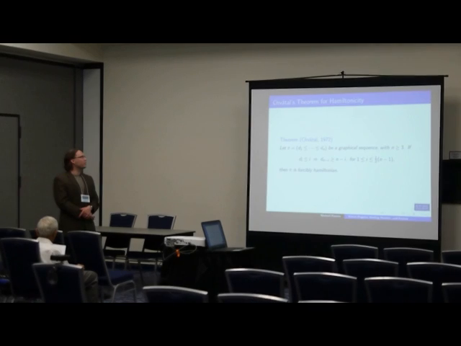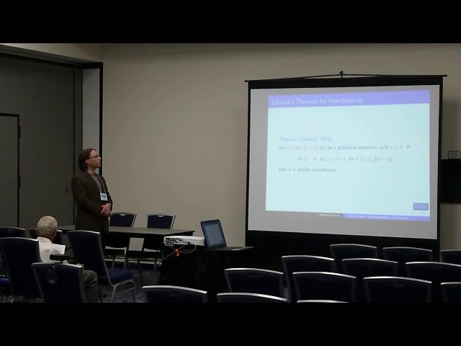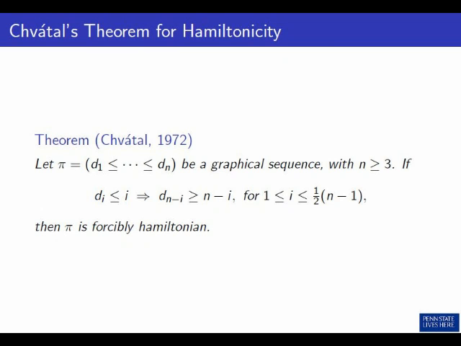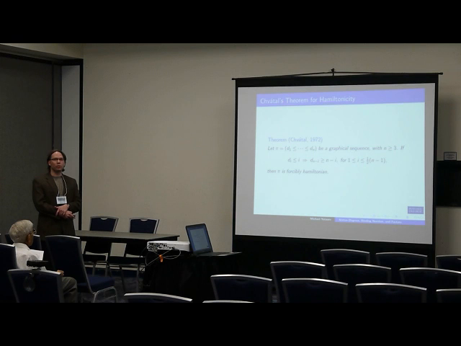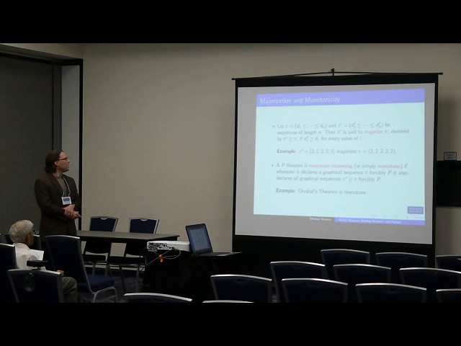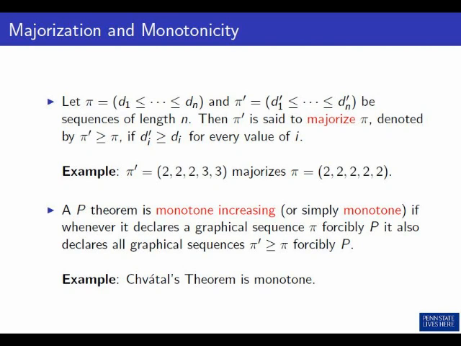Okay, so we're going to introduce the notion of a best monotone theorem, beginning with Chvátal's theorem for Hamiltonicity. Basically, if we check these roughly n over 2 implications by looking at the degree sequence, and the sequence satisfies all of these conditions, then every realization of pi will have a Hamiltonian cycle. We're going to talk about some properties that the theorem possesses and then identify the notion of best monotone.